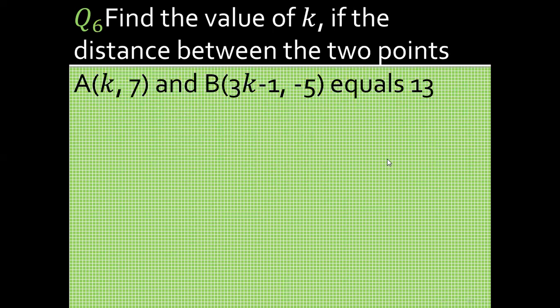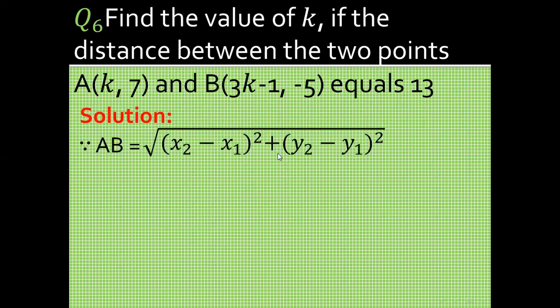AB equals the root of bracket squared plus bracket squared. Distance AB is the root of the difference between x squared plus the difference between y squared.